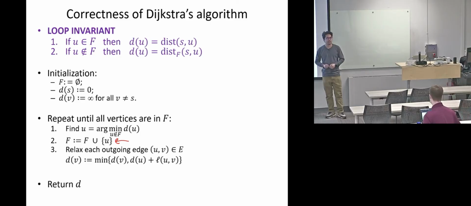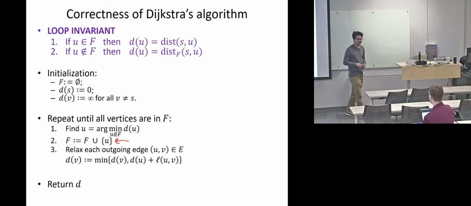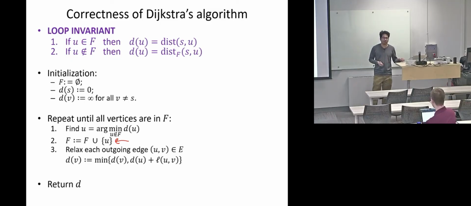Yeah, Scott. Because of the property we proved on the last slide. Exactly. Since we picked the argmin, and we just proved that its estimate has to be the actual distance. Yeah, just from the last slide, the key claim that we proved.